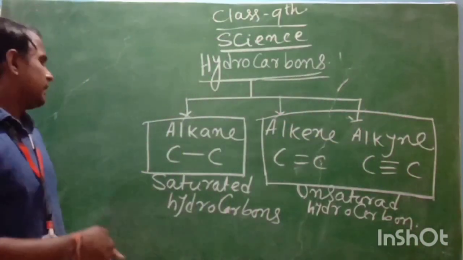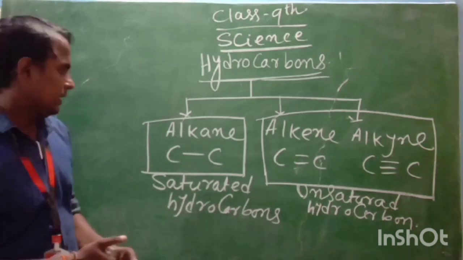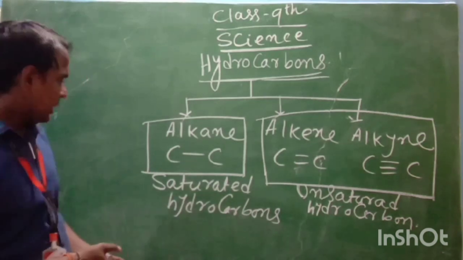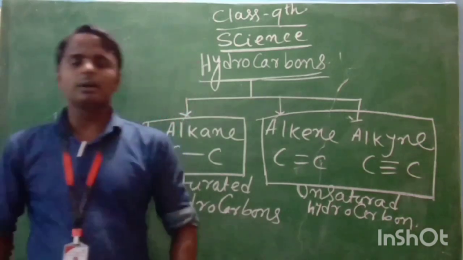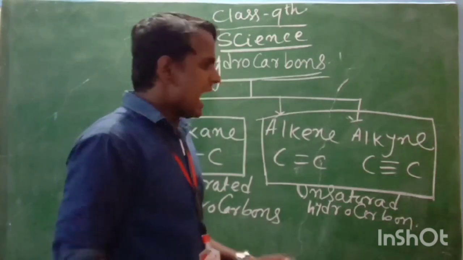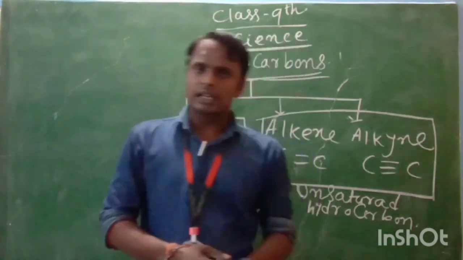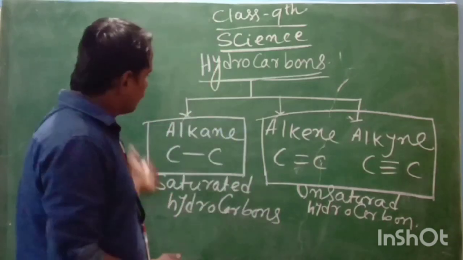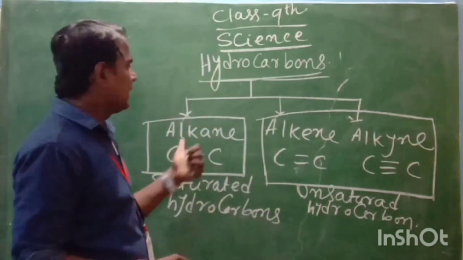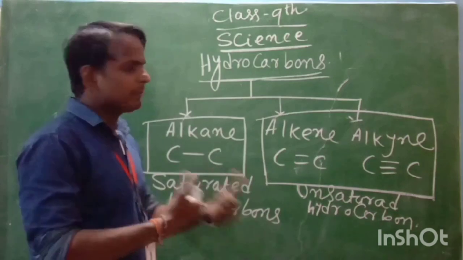Again I repeat, carbon-carbon single bond is called saturated hydrocarbon, and carbon-carbon double bonds and triple bonds are called unsaturated hydrocarbon. Now we name the alkane, alkene and alkynes one by one.